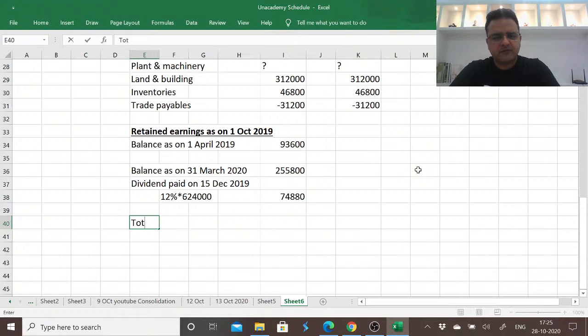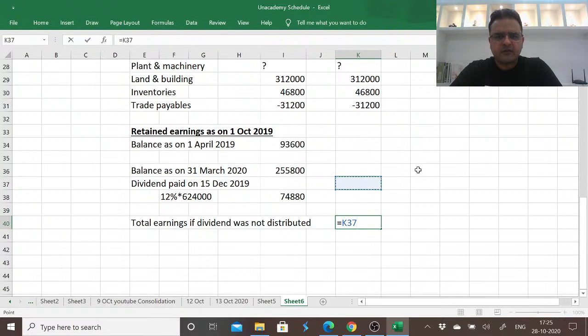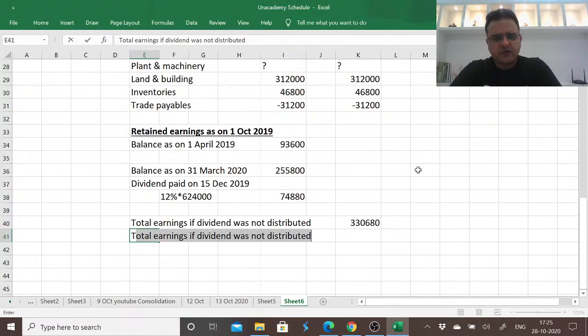So that means total earnings, if dividend was not distributed, would have been equivalent to 255,800 plus 74,880, the total increase in earnings during the year.